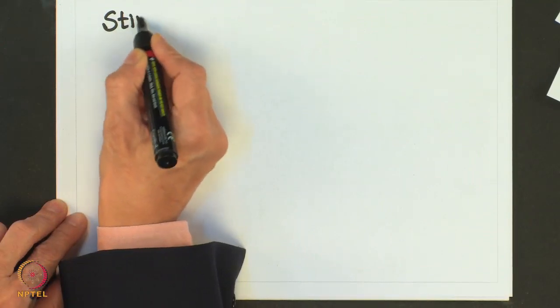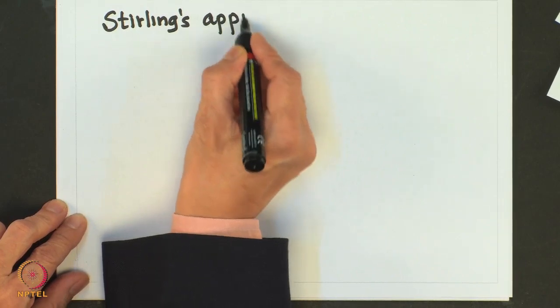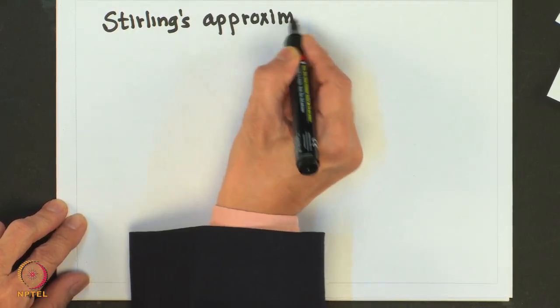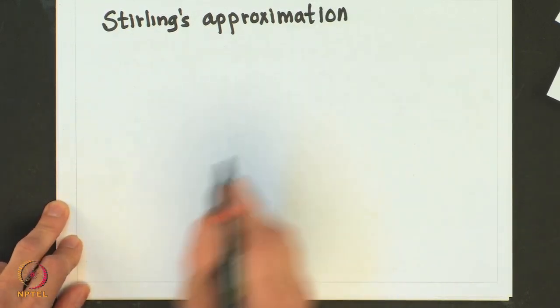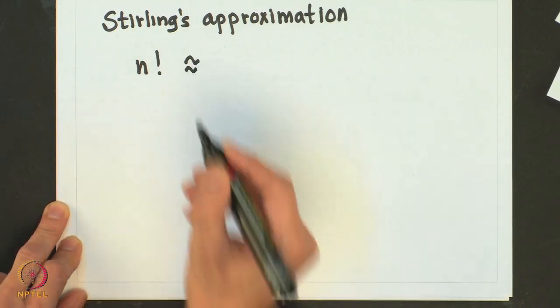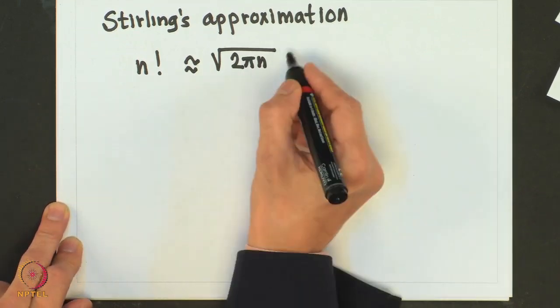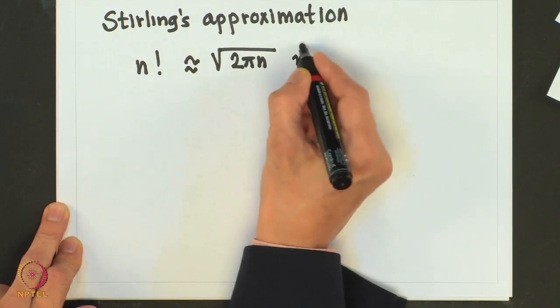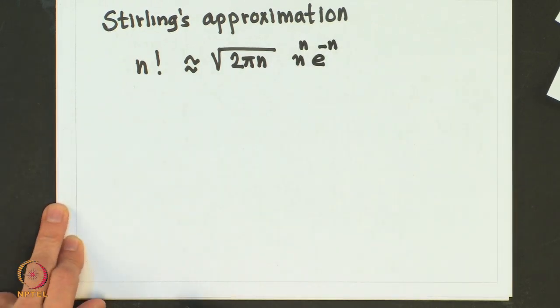Okay. There is an approximation called Stirling's approximation, which says that for large n, n factorial can be approximated by root of 2 pi n times (n by e) raised to n.